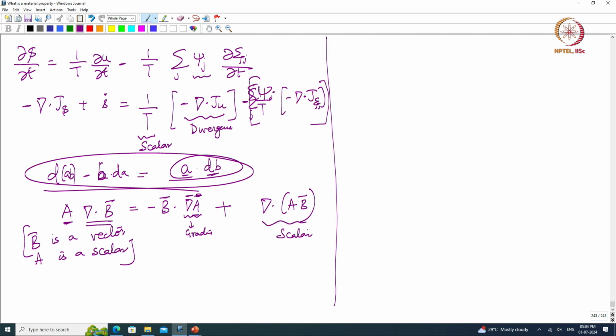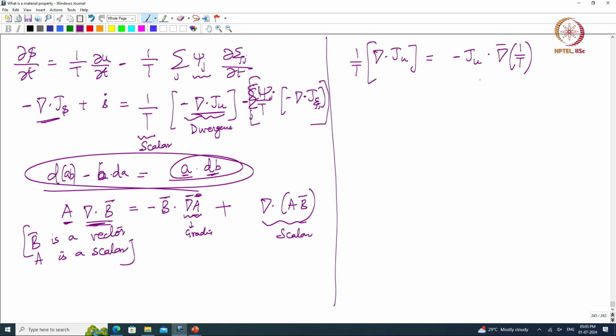right. So, now I have all these terms in this form. Okay. So, if I just look at del dot Ju times 1 by T of that, I am going to write it as minus Ju, that is going to come out, gradient of 1 by T, right.